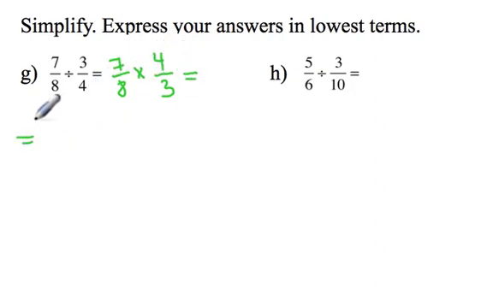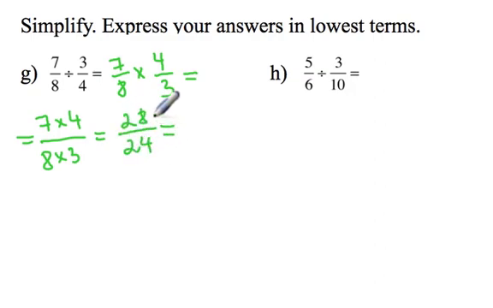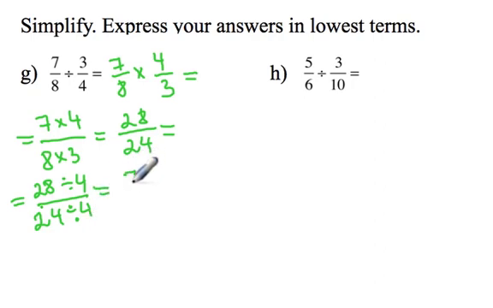That equals, once we have multiplication, we just multiply the numerators and multiply the denominators, and that's 28 over 24. Now both numerator and denominator divide by 4, so I can write it in lower terms if I divide both by their common factor. And that equals 28 divided by 4 is 7, and 24 divided by 4 is 6.